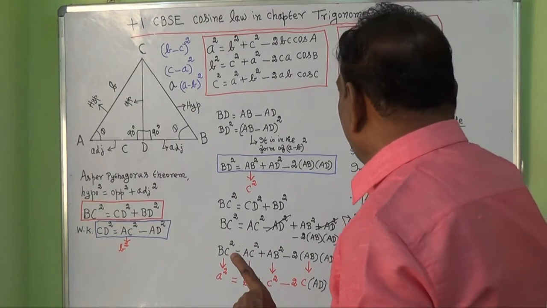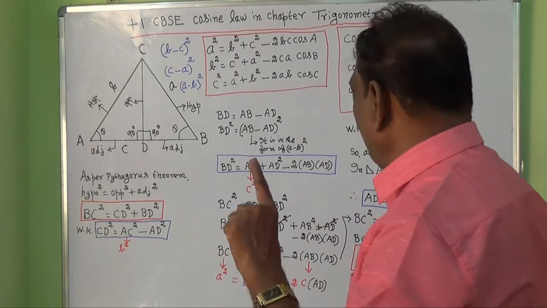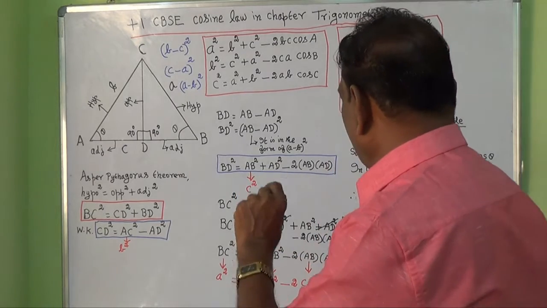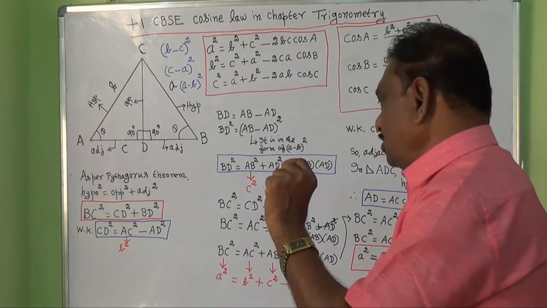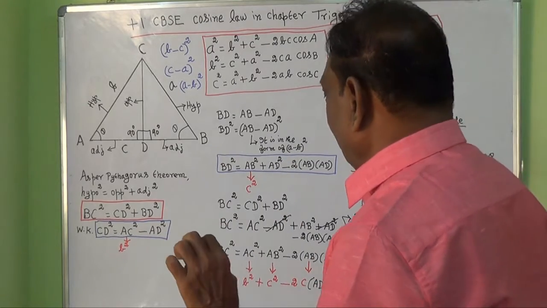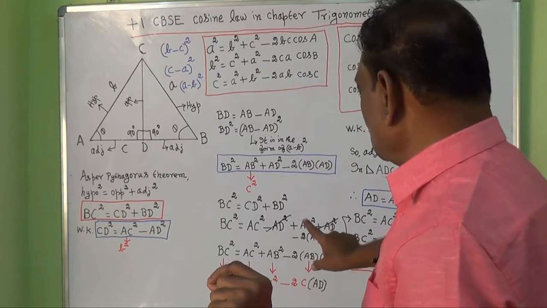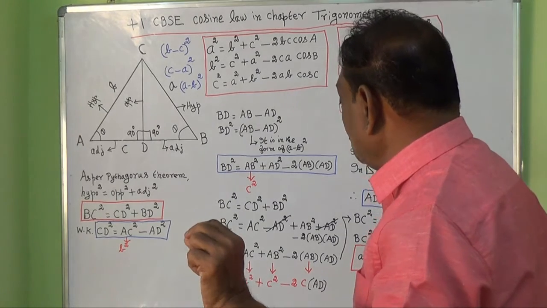We can cancel these two terms, that is plus AD square and minus AD square. After cancelling these two terms, we will get BC square as AC square plus AB square minus 2 AB into AD. What is BC square?